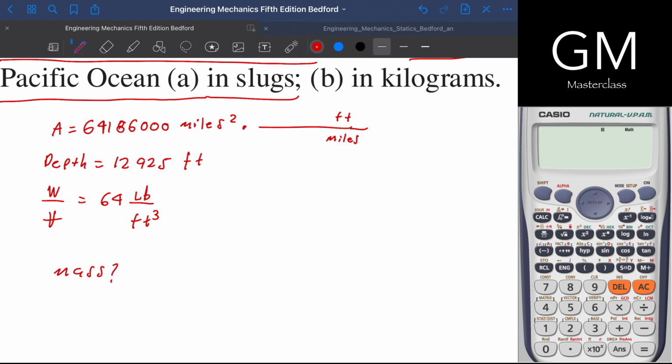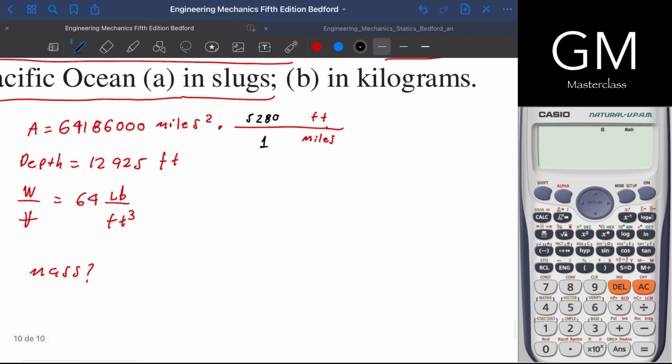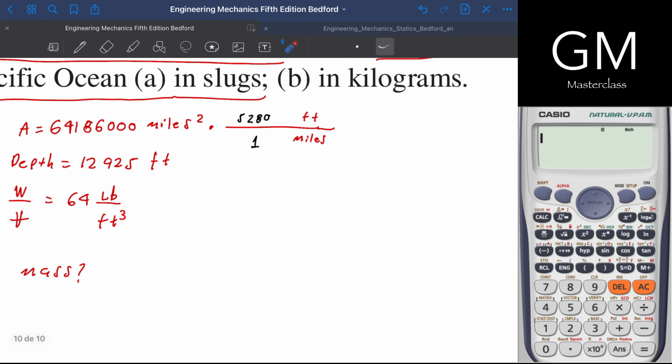So for me to do that I have to know some equivalence, right? I already know that 1 mile is equal to 5,280 feet. But it is important to take into account these two, because then I have to evaluate this division to the second power.